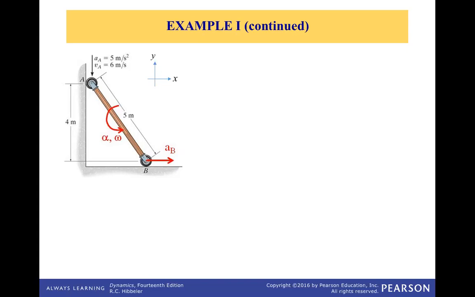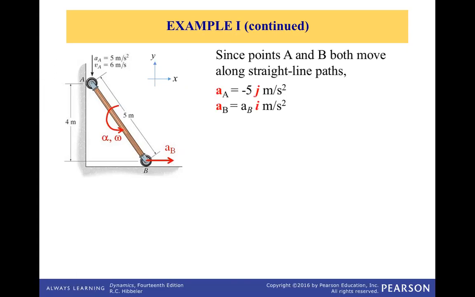A sub B is to the right, so it has a positive I component. A sub A is going downward, so it's negative 5 in the J direction. A sub B is equal to a numerical value times I, in the positive I direction.